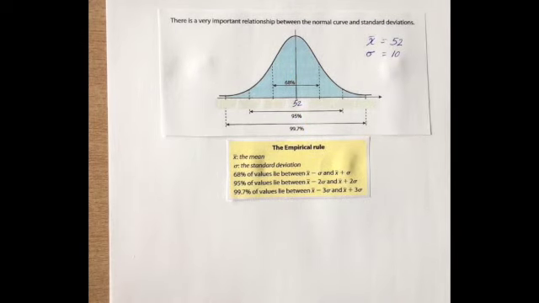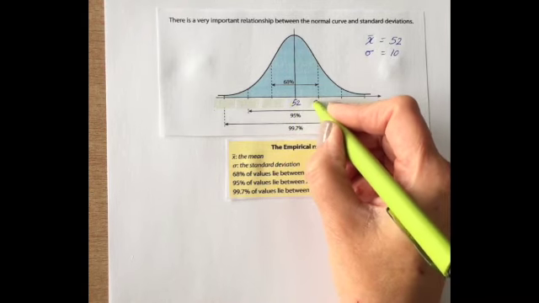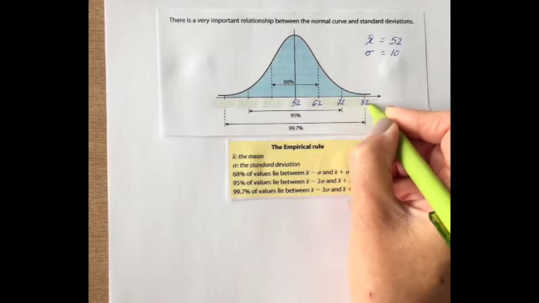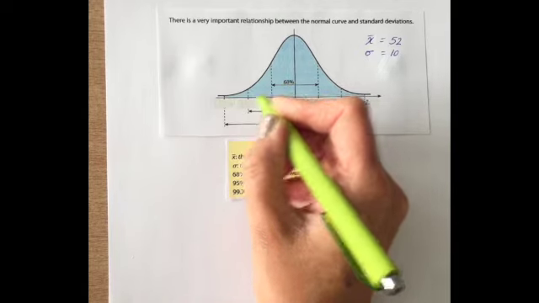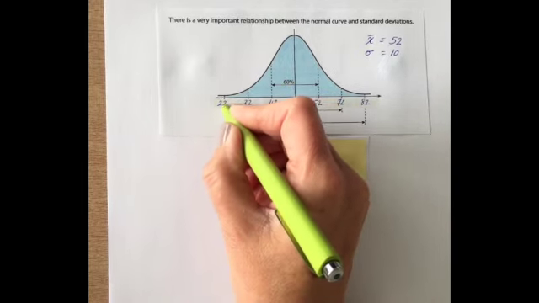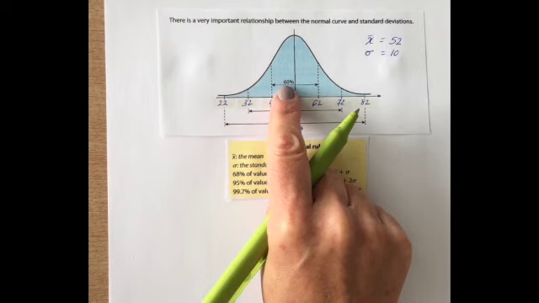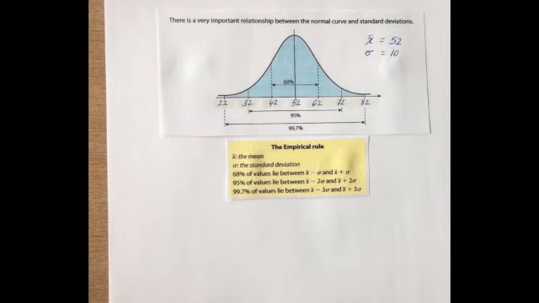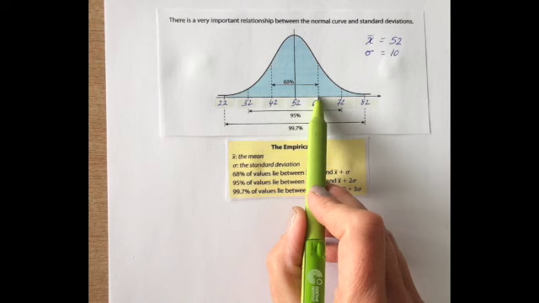And if the standard deviation is 10, then this value here is 62, this value here is 72, this value here is 82, and going backwards, this would be 42, 32, and 22. So in the class, approximately 68% of the pupils will have scored within one standard deviation of that mean, in other words, 10% below and 10% above.